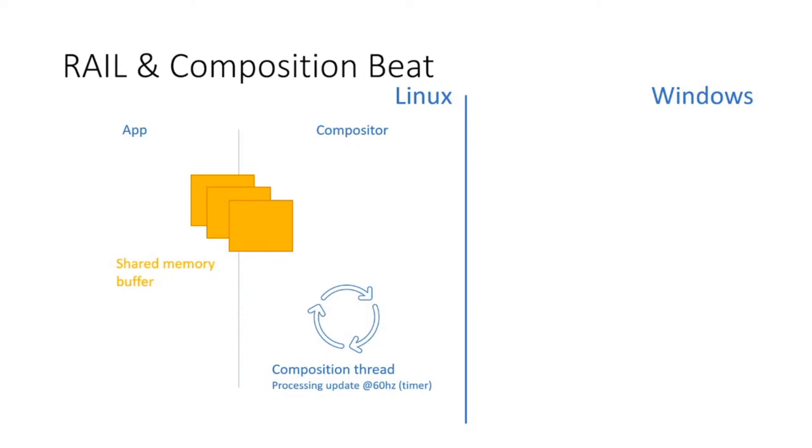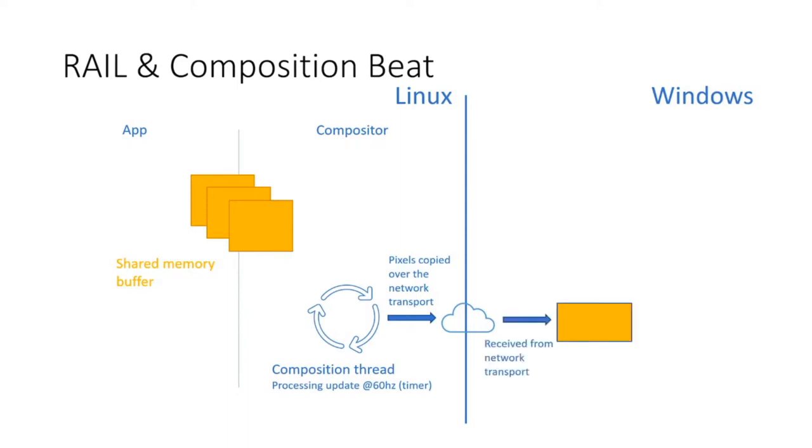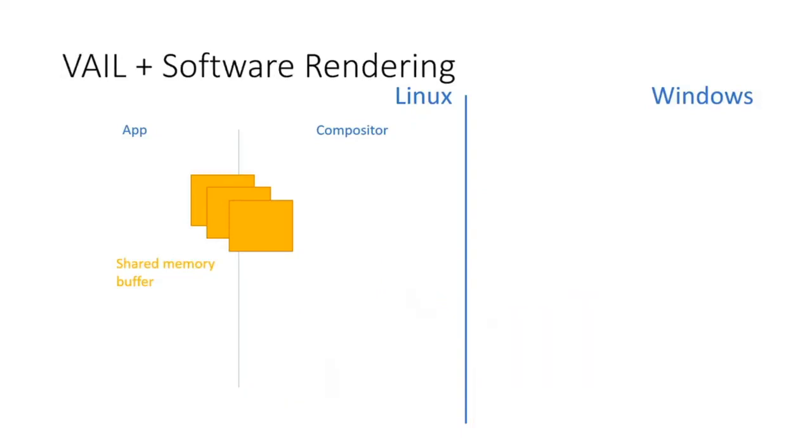If you're on a local machine, we can actually use things like the actual VSync of the monitor. And then the idea is, as that composition thread hits, whatever has been made dirty during the last period is sent over the network, received on the Windows side, and then we upload it to the proxy visual so that they always remain in sync. So that's if we're over the network.